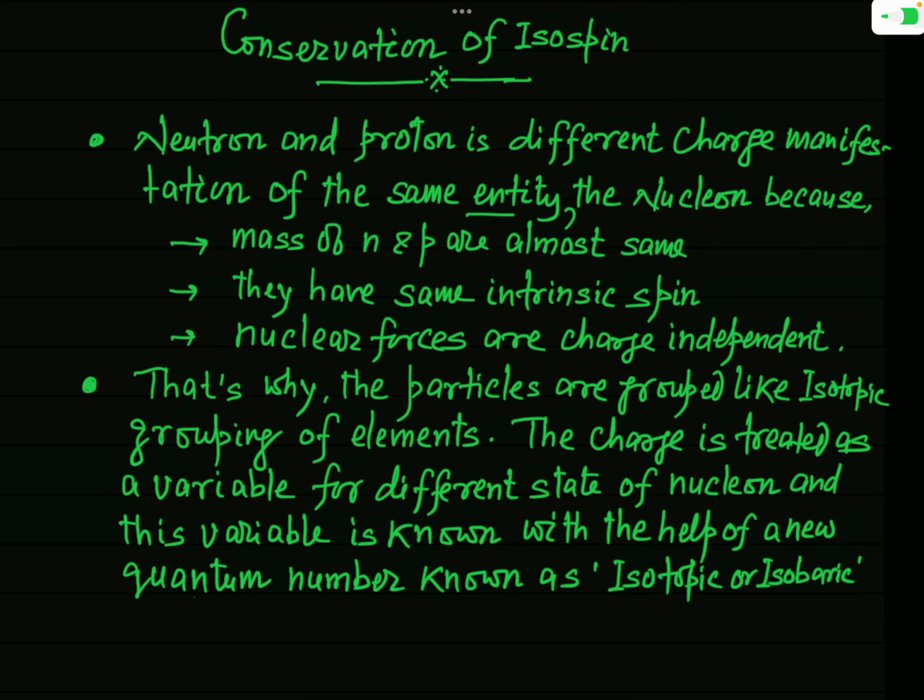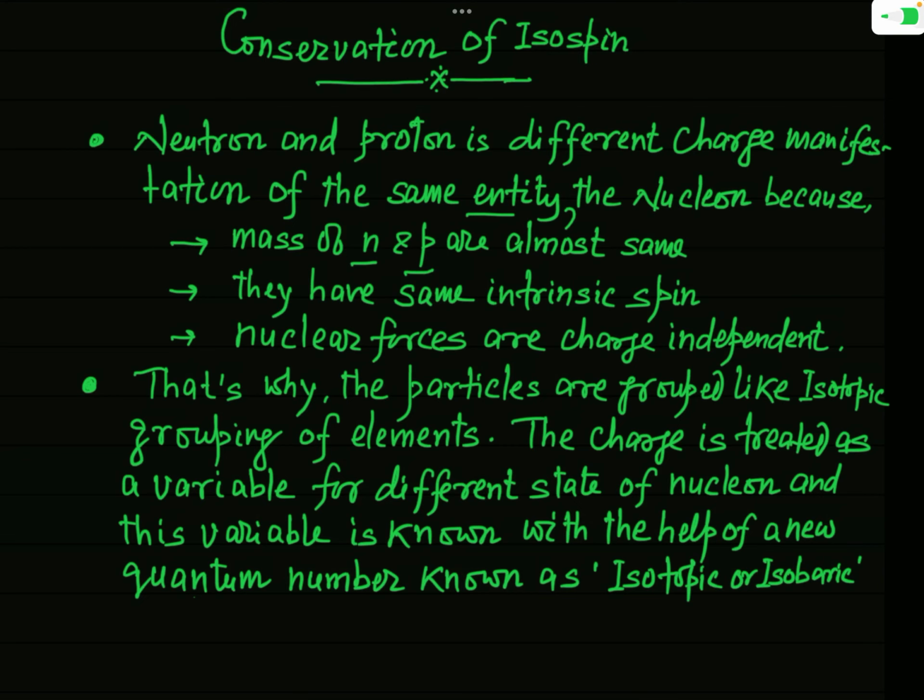What's the reason behind it? Actually, there are basically three reasons which imply that neutron and proton are simply the different charge manifestation of the same entity. The first is that the masses of a neutron and a proton are almost equal.